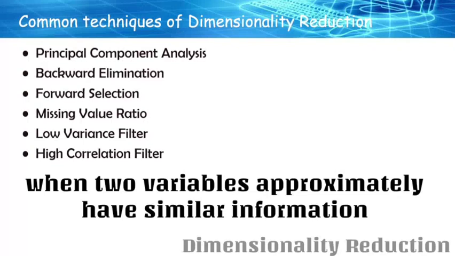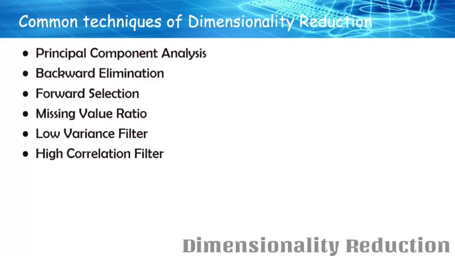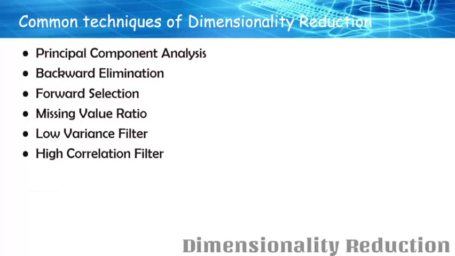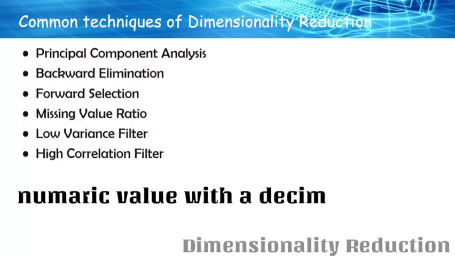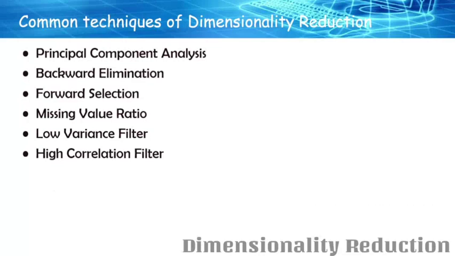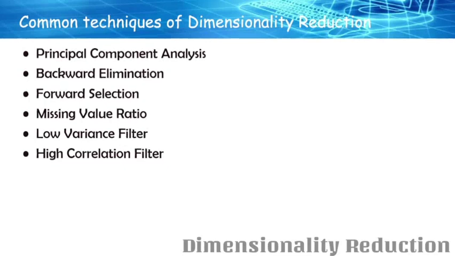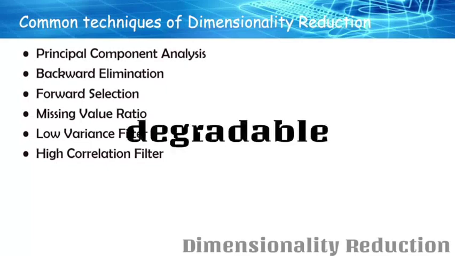Basically, one feature has numeric values, and another feature has the same numeric values with a decimal, maybe 14 and 14.25. If the first feature varies like 20, the second feature in the same data set has 20.1, 20.2. Just an example. So there are approximately the same features, and due to this factor, the performance of the model can degrade.